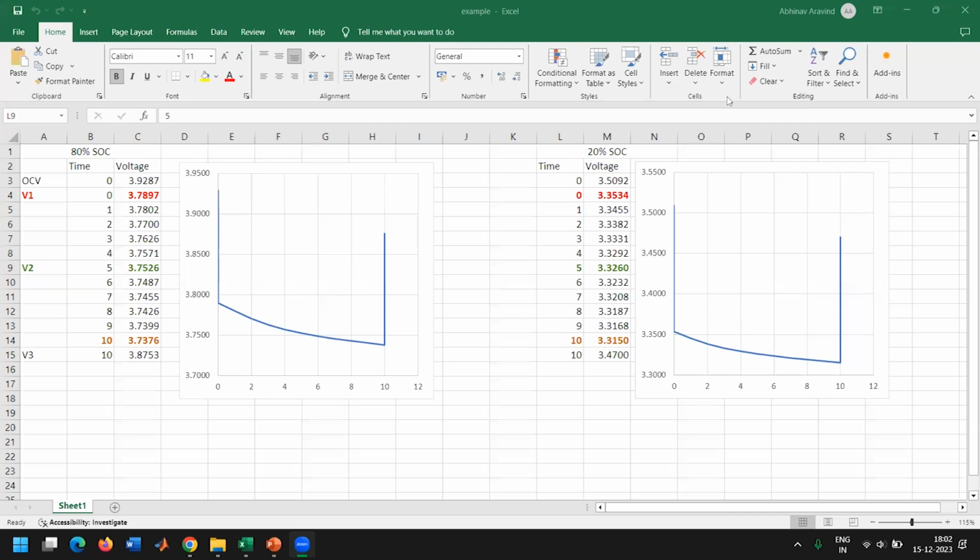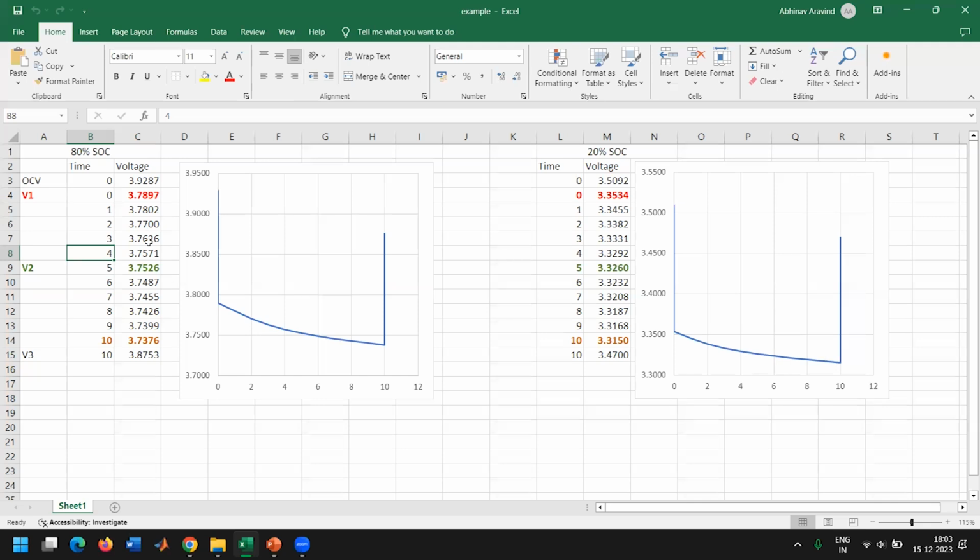Here you're able to see that at different energy levels, at 80% energy and also at 20%, I have two different voltage profiles. All of the numerical values corresponding to the voltage profiles are given here. All we have to do is calculate the internal resistance given these values. From this, I have marked each point OCV, V1, V2, and V3, each corresponding to each region.